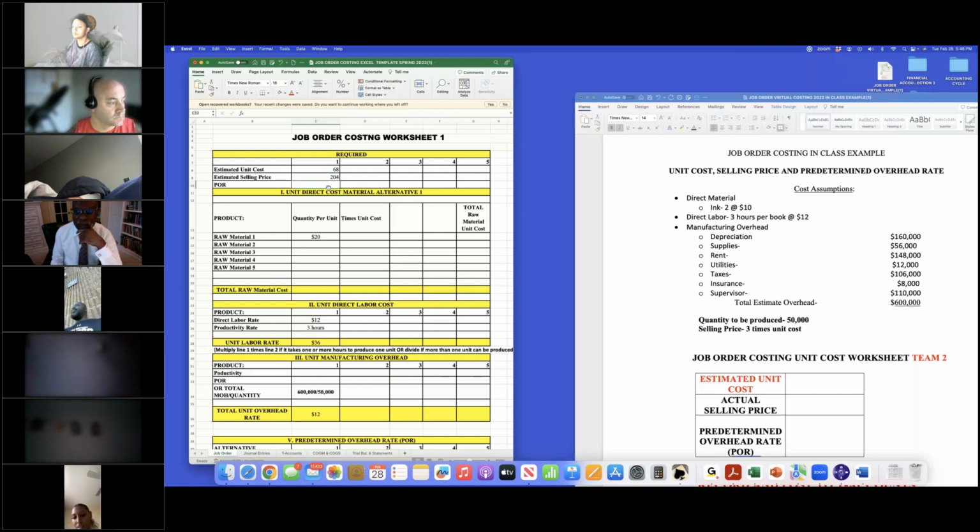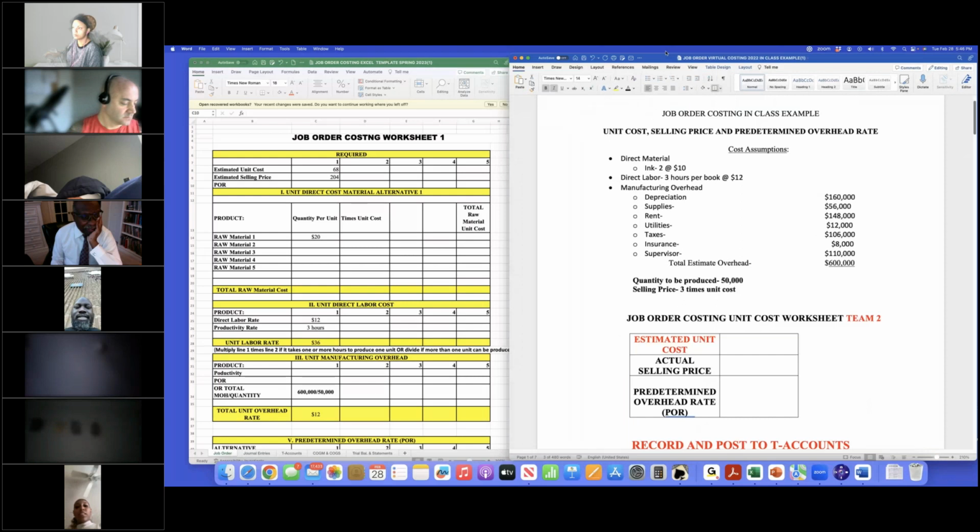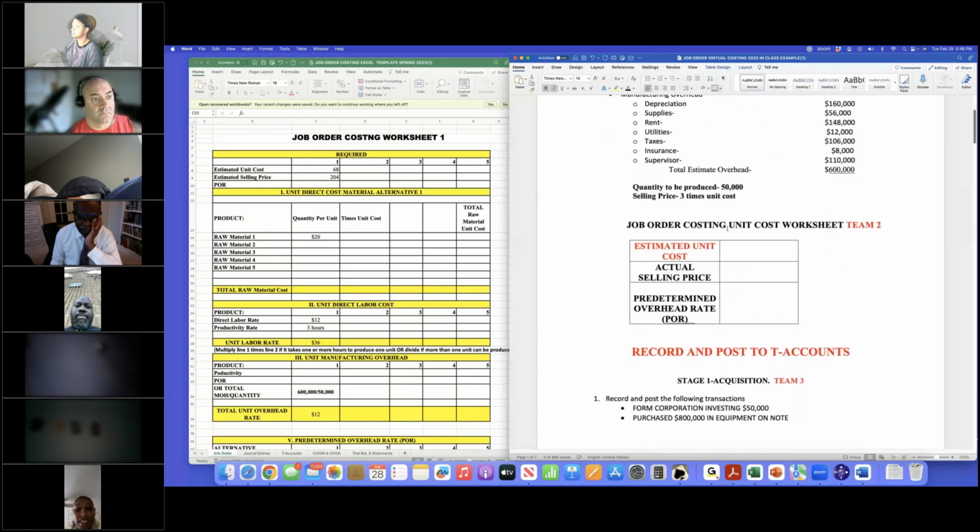That's what we're estimating. The next thing is the POR. How much is the POR? Well, Mike, we'll call on you. Ryan, all right, go ahead.